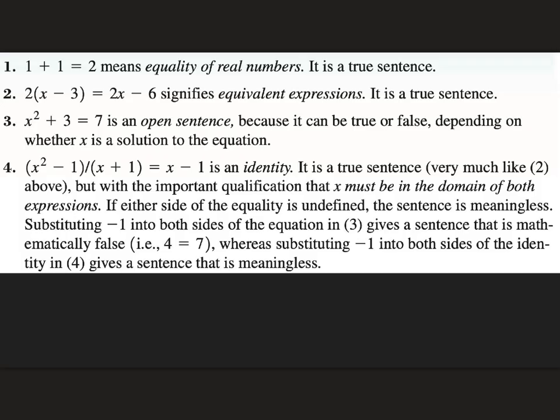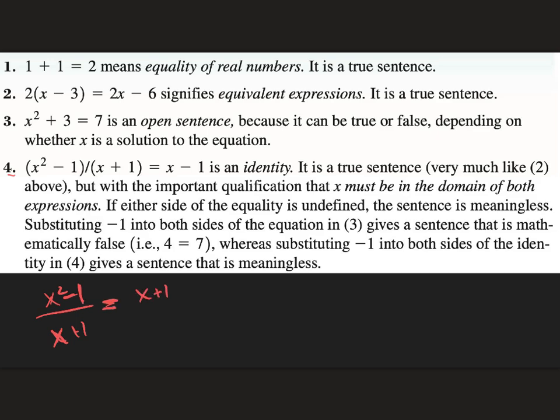Okay, looking at some basic identities, most of these make sense. Maybe you don't remember number 4, so we have to go back to our Algebra 1 days. How does (x squared minus 1) over (x plus 1) come to be? Well, x squared minus 1 is a special case when we did quadratics.